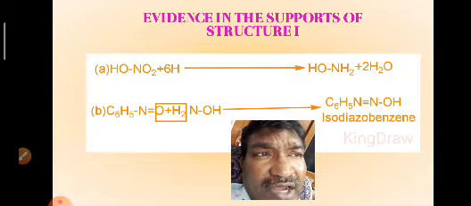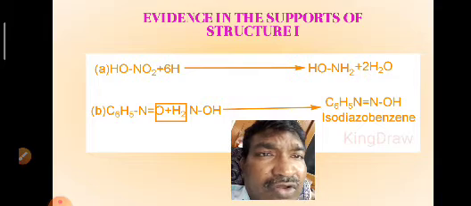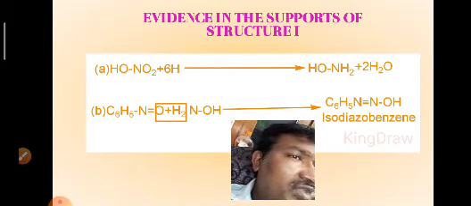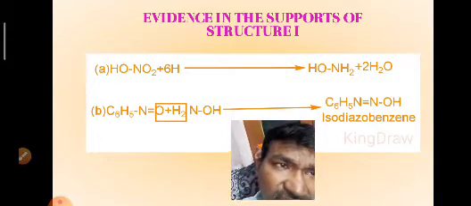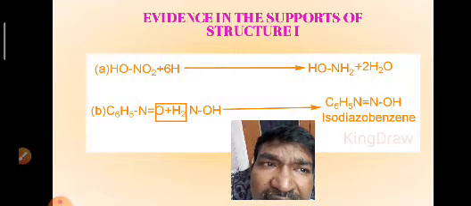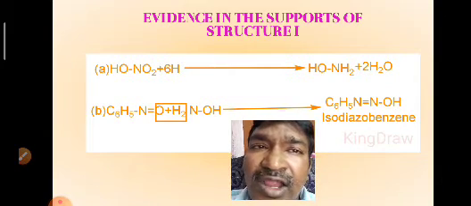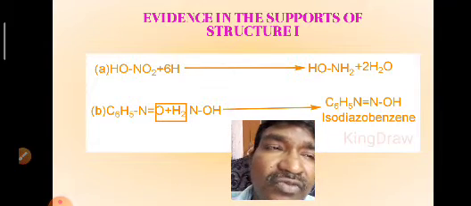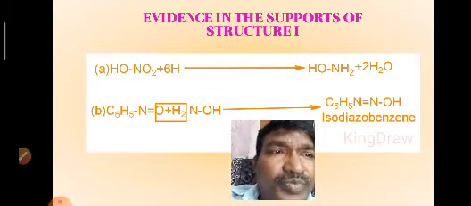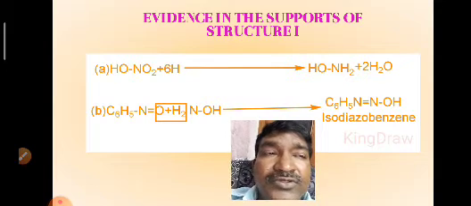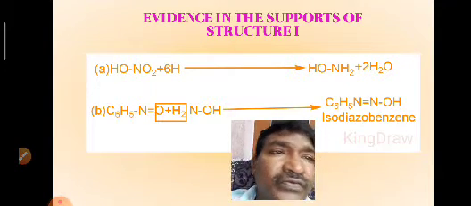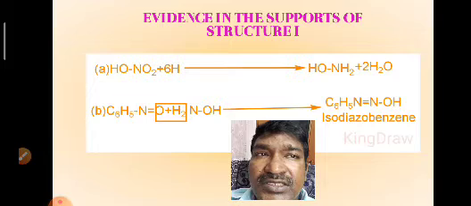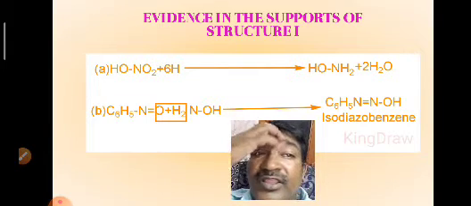We already know the structure of nitric acid is well established. In nitric acid, one hydroxyl group is attached to the nitrogen. In a similar way, one hydroxyl group is present in hydroxylamine also. So this confirms structure 1 for hydroxylamine.